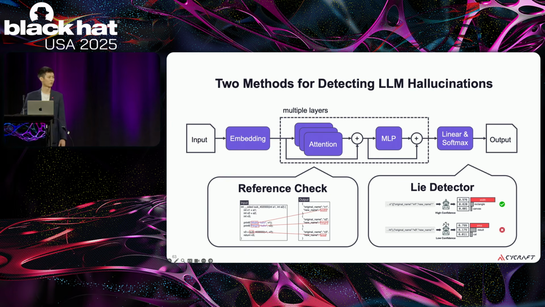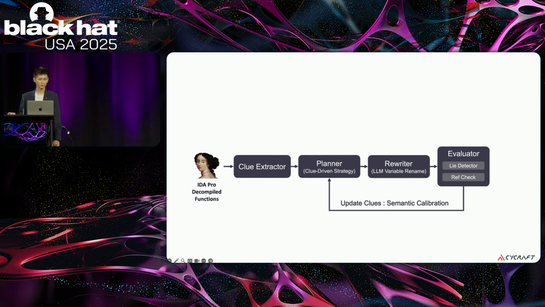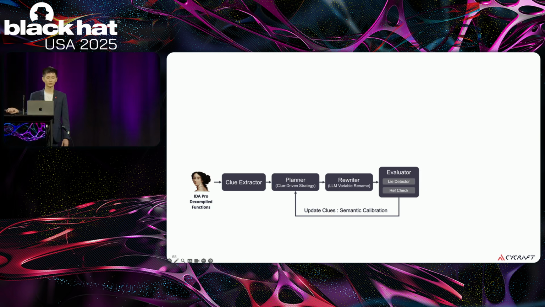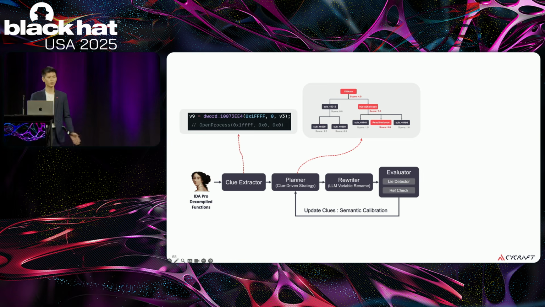That is our lie detector, and we put that into our automatic reverse engineering flow. In the first step, we use the clue extractor to annotate some clues. After including these clues, we use the planner to find high-value targets to analyze.